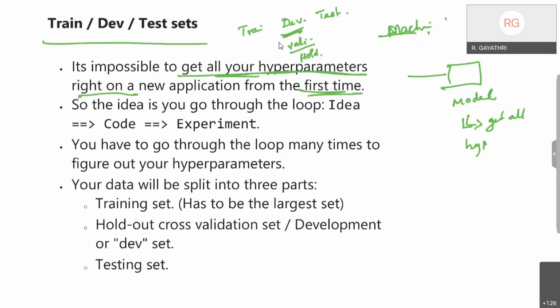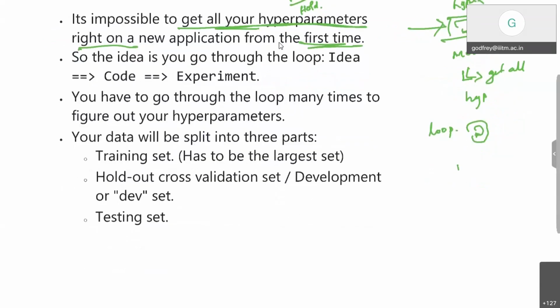When you go through this model, you have several hyperparameters that are chosen, and you will not be able to get all of them right in the first pass. So you need to iteratively go through a loop. And what is this loop? This loop is basically called idea.